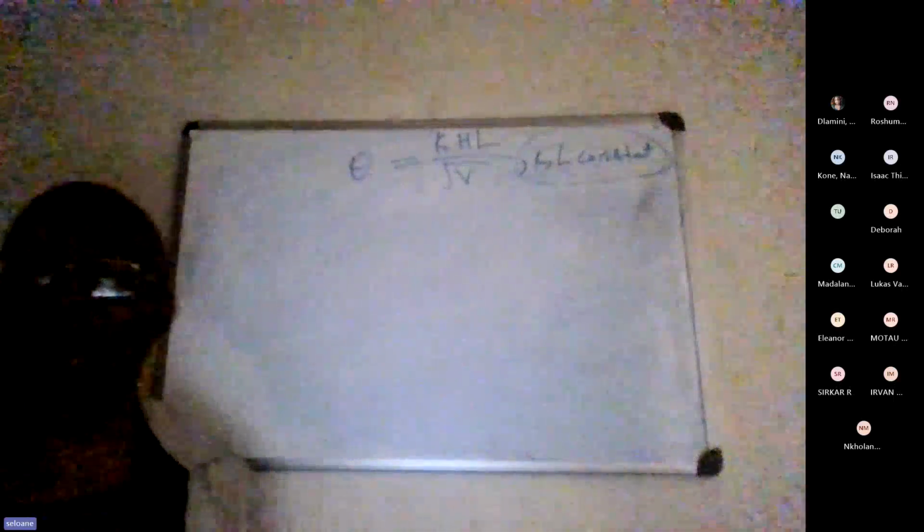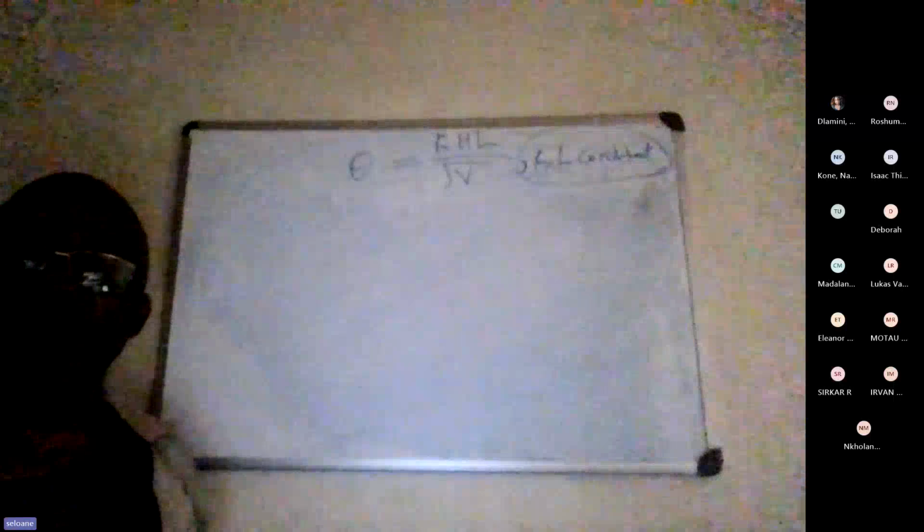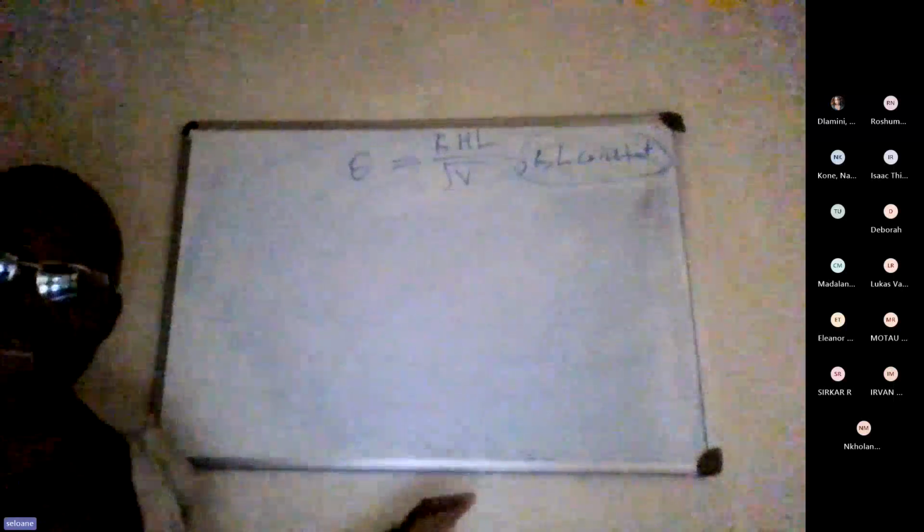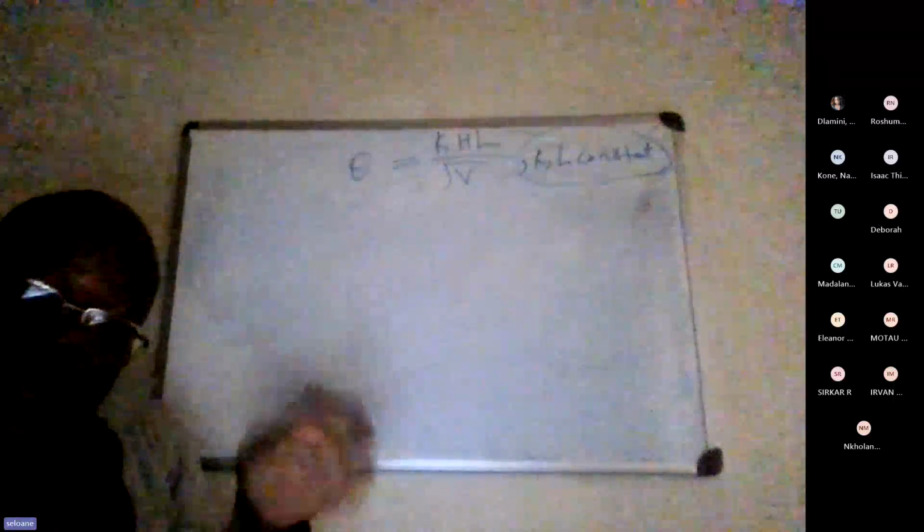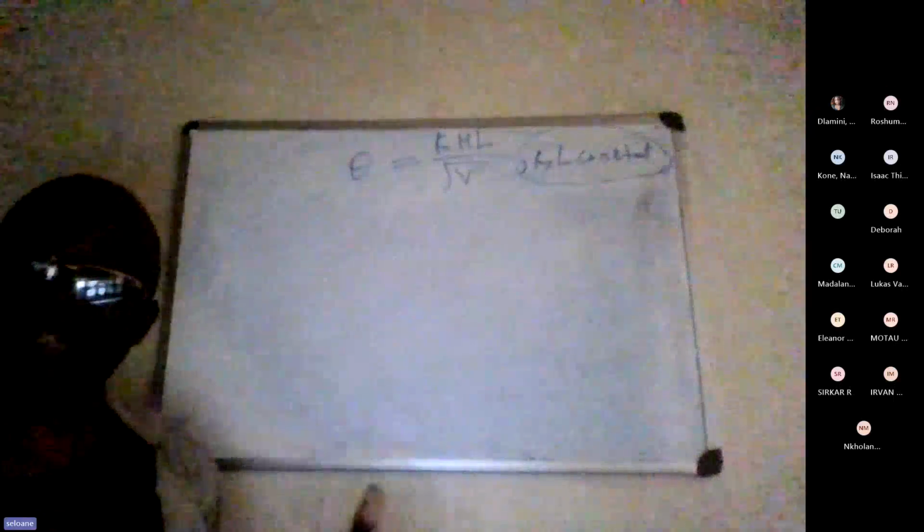Now, if you read further, they say there is a possible error when measuring these variables. We don't know what theta, H, or V is. All you know is they are variables. So they say when measuring H and V, they tried to accommodate those errors because this is measurement. So sometimes you can over measure, you can under measure.